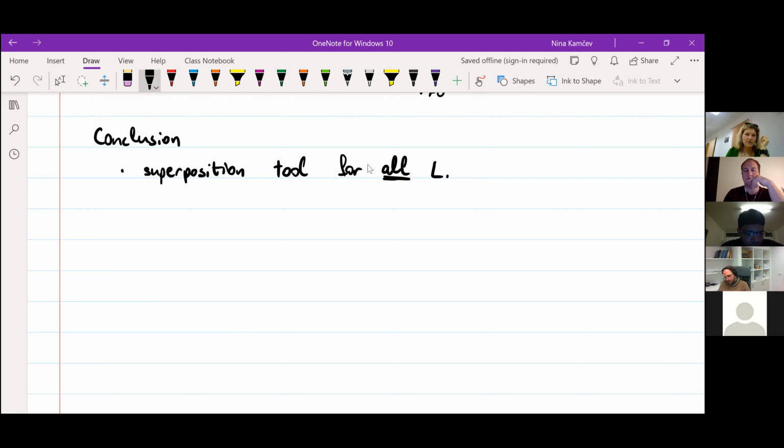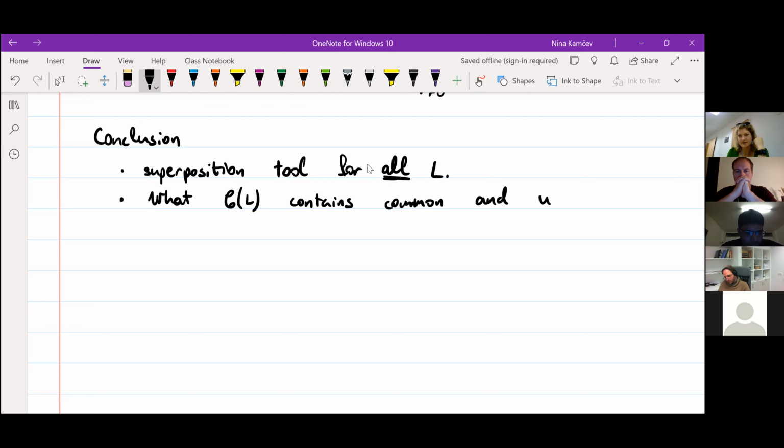An open question is then, so there's a lot that's open in this area, but one obvious thing from my presentation is what if this critical set of equations contains both common and uncommon equations. So let me just show you an example briefly.